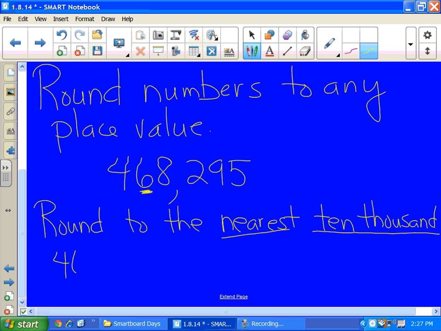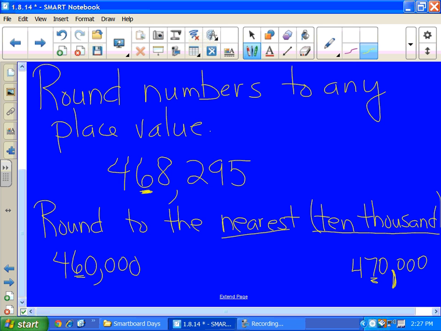So right now we know that this is 468, so we know that on the number line, this number, 468,295, is somewhere between 460,000, that 10,000, and of course 470,000. That is the next 10,000 up. You notice that's a span of 10,000. So that's the key, 10,000.